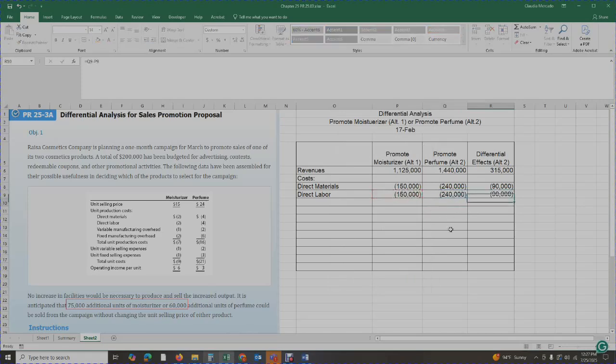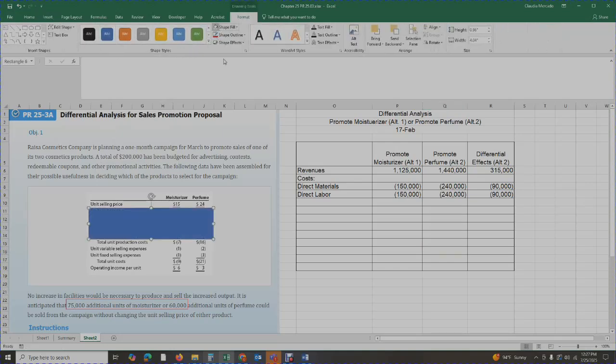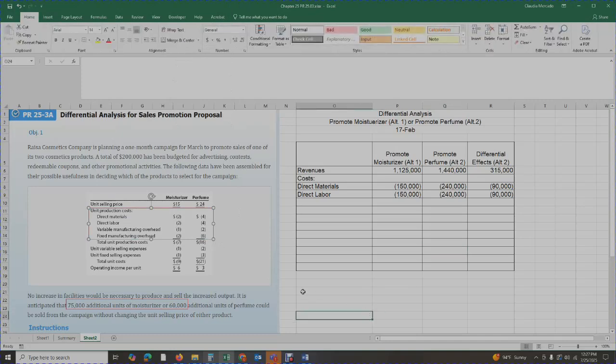So I'm grabbing the data from over here from the table. If you are wondering where I am getting the information from, this is where I'm getting it from. Okay, so now we've got the direct labor.